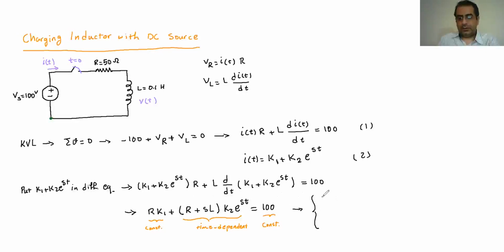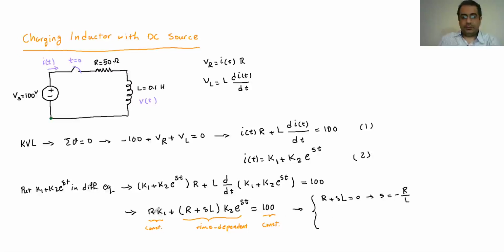So R plus SL should become 0, and therefore S is going to be negative R over L. And so this is the magnitude of S, and then we can substitute R as 50 and L as 0.1 here to get the magnitude of S, but I'll leave it like that here.